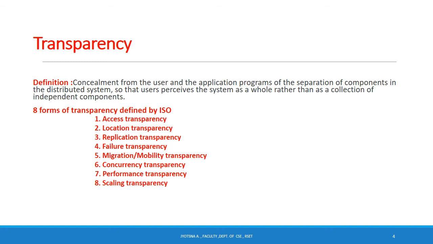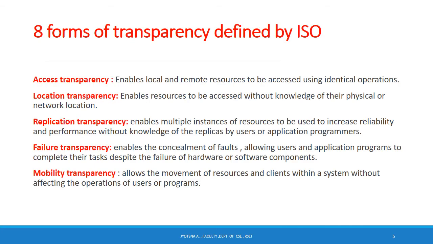There are 8 forms of transparency: access transparency, location transparency, replication transparency, failure transparency, migration or mobility transparency, concurrency transparency, performance transparency, and scaling transparency. Let's look at these 8 forms of transparency.